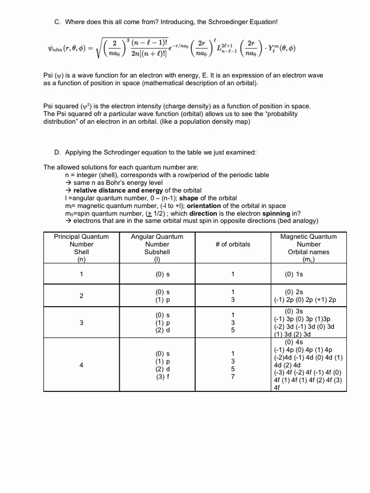So in class we established that the parameters for the quantum numbers, and there are four of them, n, l, m sub l, and m sub s, come from solutions to the Schrodinger equation.